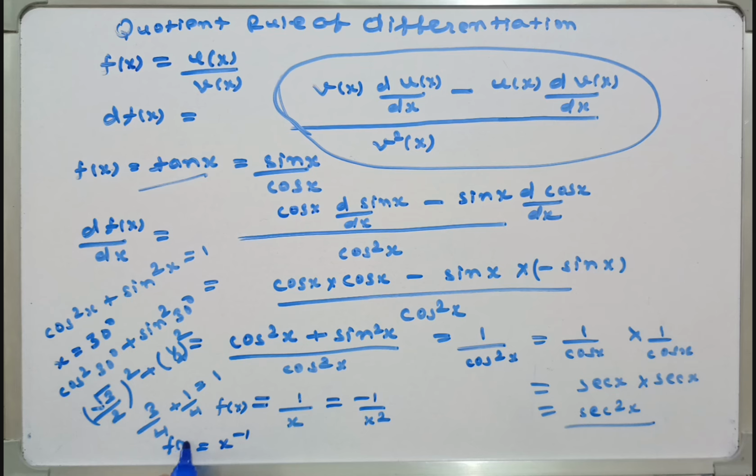If we apply the power rule, we can write d of f(x), then minus 1 is coming for the power, then x to the power of minus 1 minus 1. So what you see here is minus 1 and x to the power of minus 2. Finally it is coming minus 1 by x square.